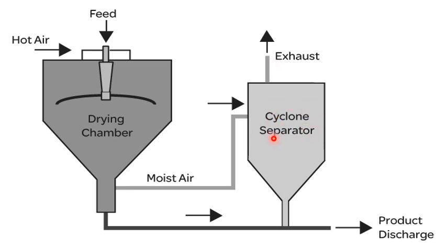So cyclone separator collects the particles and sends them to the product discharge, or you can collect the particles in the collector. This diagram is a very simple type of image to understand the spray drying process.